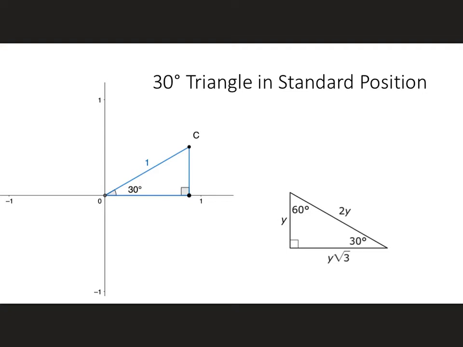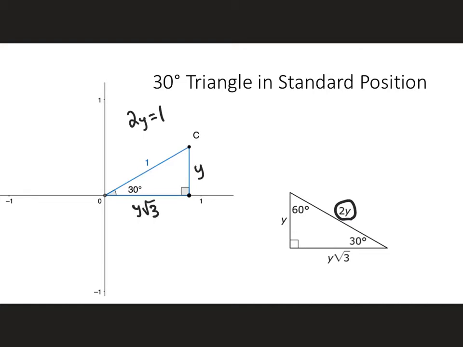We know the measure of the hypotenuse is 1, so we can figure out the lengths of the other two sides. So the 1 corresponds with the 2y side of our special right triangle. So we can make a simple equation, 2y equals 1. And we know that the smallest side over here is y, and the middle length side is y times the square root of 3.